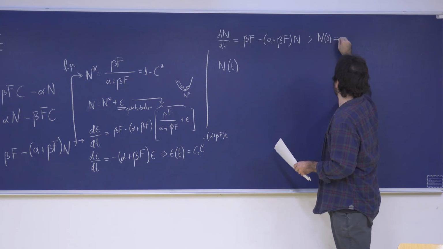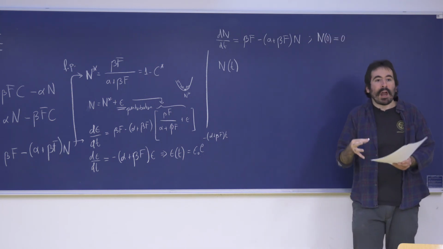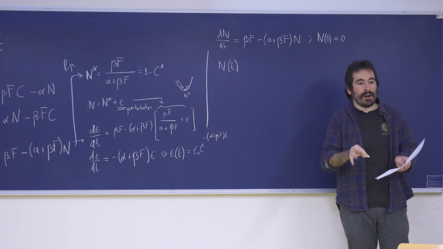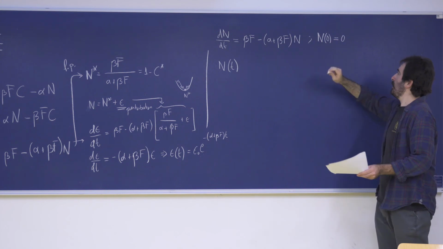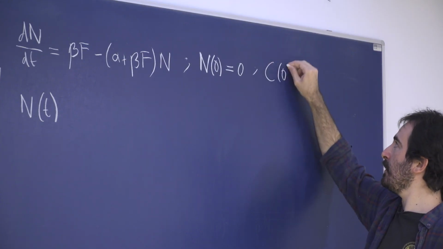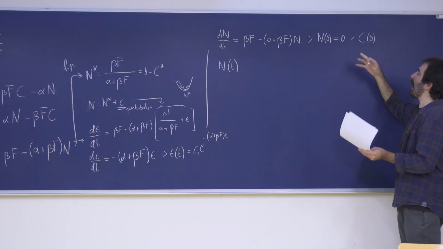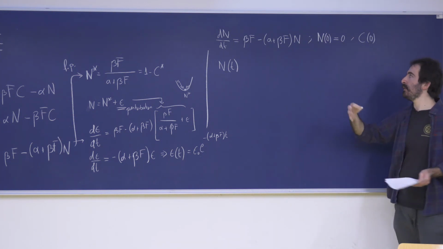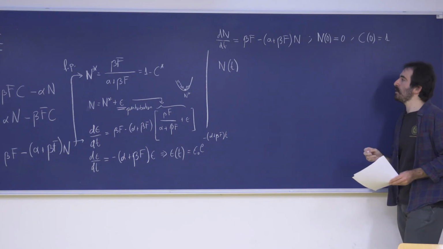In this case, the initial conditions that I will use are the following. We will consider that at the beginning of this differentiation therapy, all I have in the system are cells of the cancer type, right? This means that n at 0 will be 0. Since all of the cells that I have are cancer type, and I have a constant population constraint, it is natural that C at 0 equals 1.